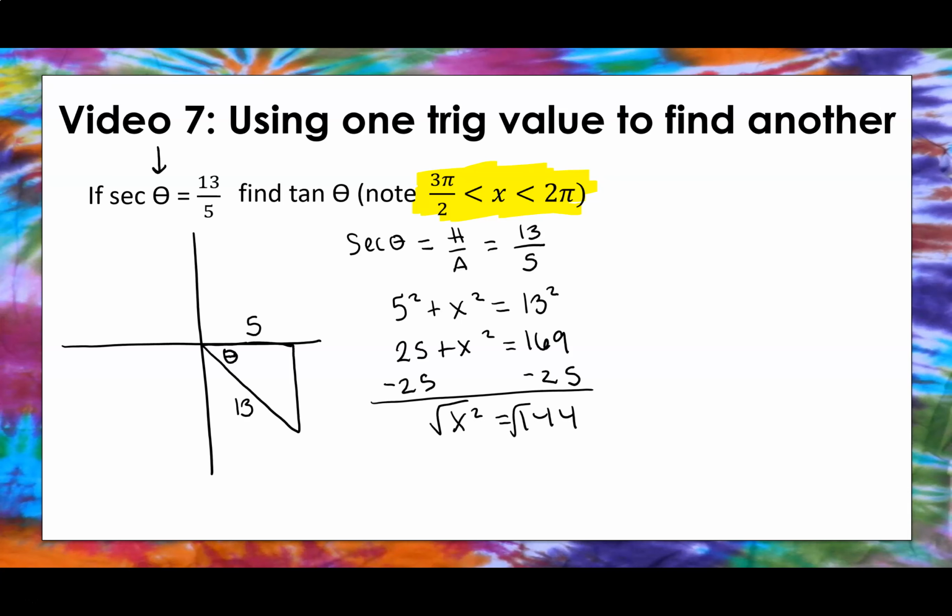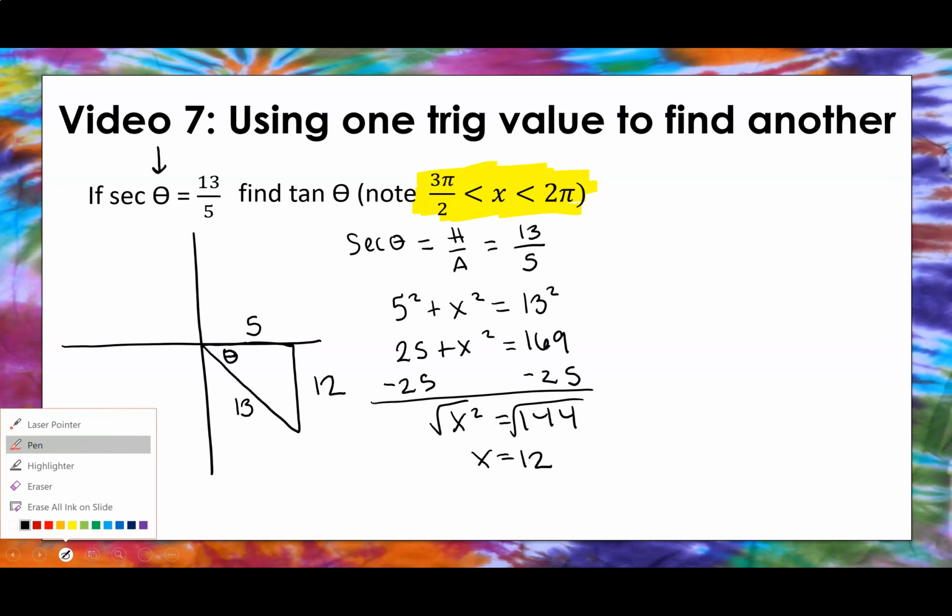Square rooting both sides, I get x equals 12. Again, what type of 12? Well, remember, we are going right, so that's positive, and down, which is negative. Keep in mind, our hypotenuse from the Pythagorean theorem will always give us a positive. But we do care about this sign, and it's negative because it's going down.